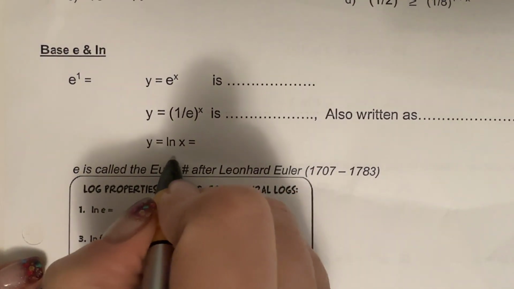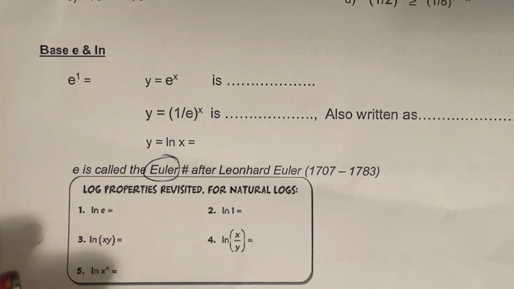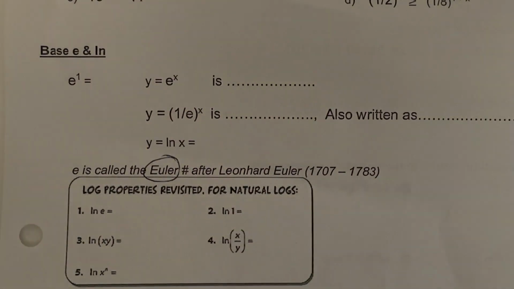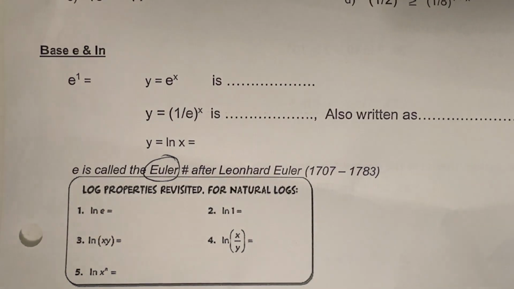So when you see this word right here that looks like Euler, it's actually pronounced Euler. It's a Swiss mathematician. He actually was on the Swiss franc before they went over to doing the euro. Okay, so Swiss mathematician, there's your tidbit for today.